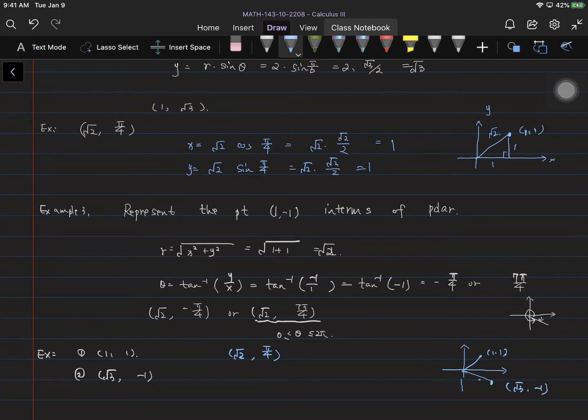And you can see what the angle is. So let's see, r equals what? If we choose positive r, r is root of x squared plus y squared, so it should be root of 4, which is 2, right? And then the angle is tangent inverse negative 1 over root 3.